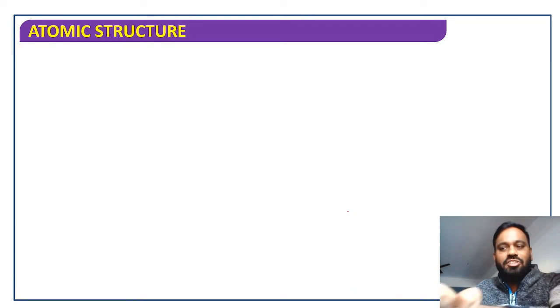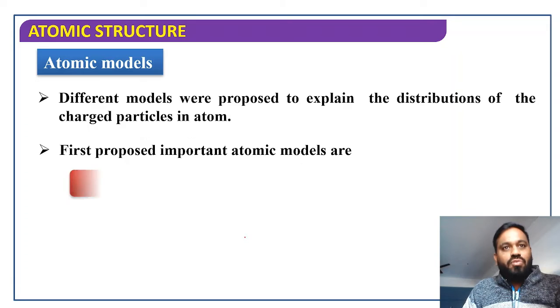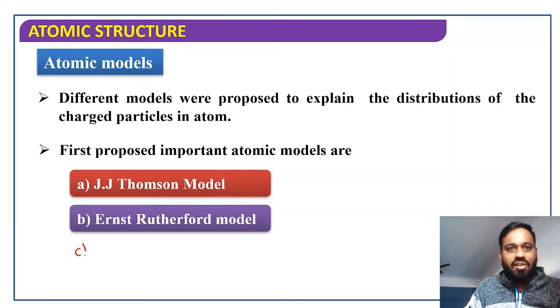To explain the structure of atoms, we have many atomic models. The first atomic model is the J.J. Thomson atomic model. After that, we are going to discuss the Ernest Rutherford model. After the Rutherford model, we have Bohr's atomic model.